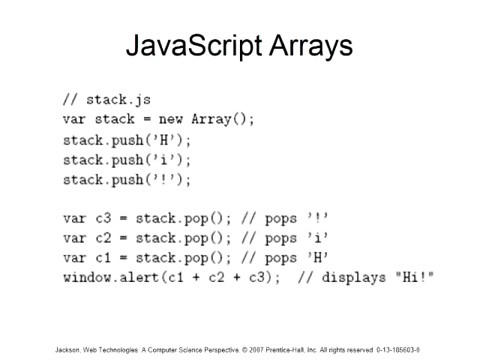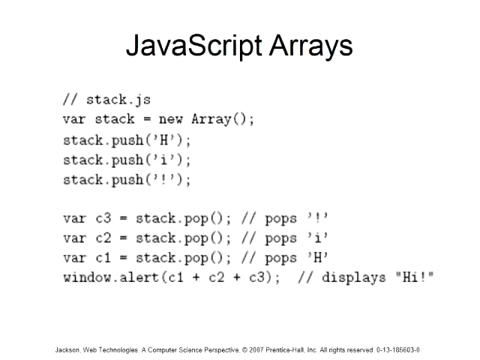So if, for example, we write var stack equal new Array, and after that we write stack.push("h"), stack.push("i"), stack.push("!"), and after that we write var c3 equals stack.pop.